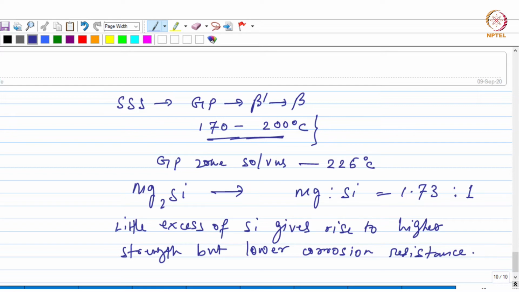So let's take an example of an alloy in this series. 6061 is a very popular alloy in this particular series. This has a composition of 1% magnesium, 0.6% silicon, and some amount of chromium.